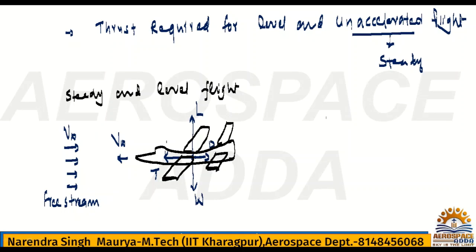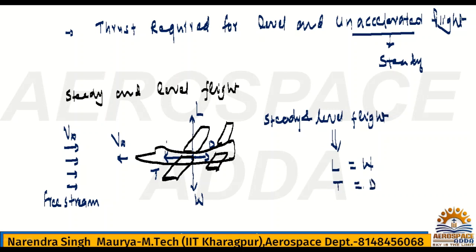So for the steady and level flight, what we get is nothing but lift is equal to weight and thrust is equal to drag. Yes or no? This is the one thing for the steady and level flight.